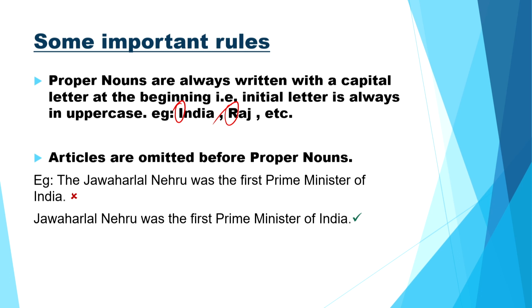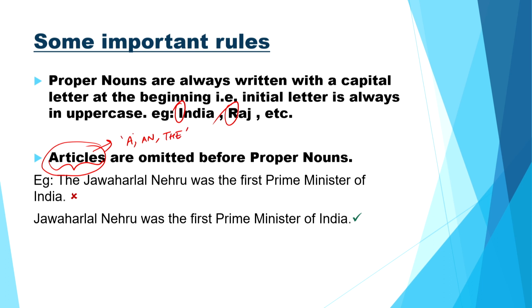Now, next rule, articles are omitted before proper nouns. First of all, let us discuss what articles are. The words a, an and the are called articles. We will discuss it in great detail later on, but for now a, an, the, these are your articles.